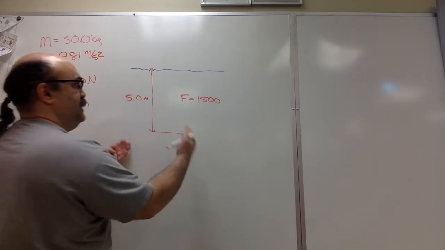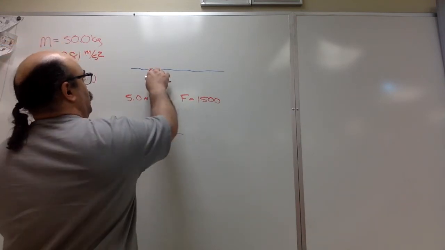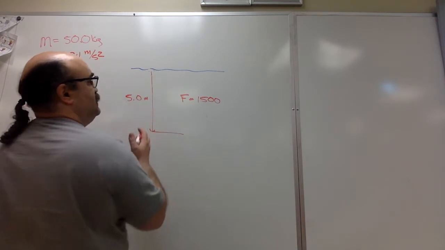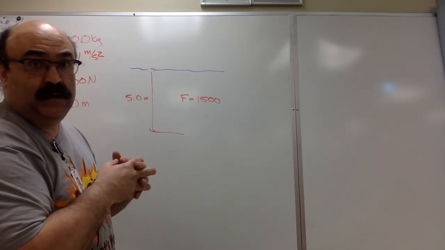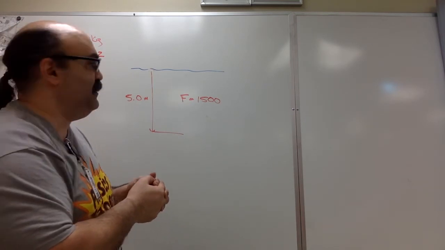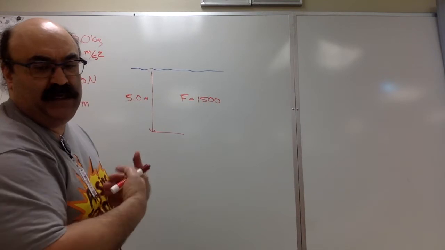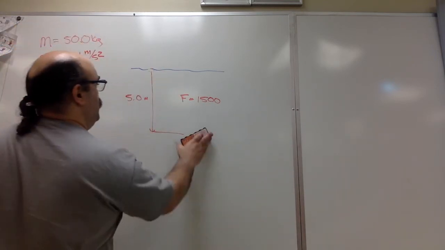Work is force times distance. Okay, the direction in this case is I'm moving this way, the force of resistance is up, the cosine of the angle is 180 degrees, which means I'm doing negative work in this case. So the work will come out negative, and we also know that must be equal to that change in kinetic energy. So this is what I have at the moment.